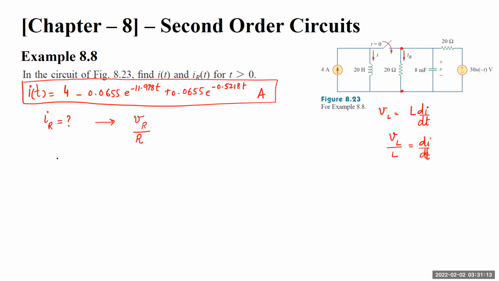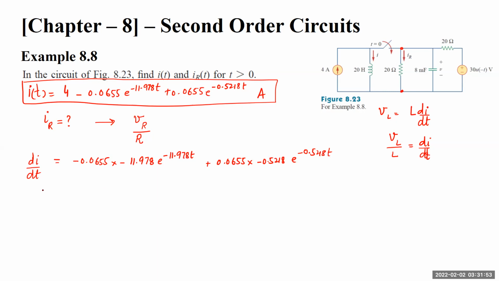Differentiating, di/dt becomes minus 0.0655 multiplied by minus 11.978 e^(-11.978t) plus 0.0655 multiplied by minus 0.5218 e^(-0.5218t). Solving it will give me the value.